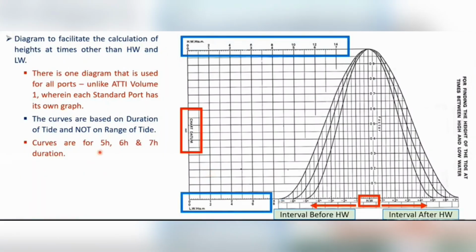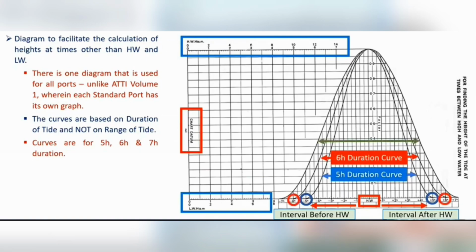There are three curves for 5 hours, 6 hours, and 7 hours. This curve, which is now being marked by the blue arrow out here, is the curve for 5 hours duration. This is the curve for 6 hour duration, the middle one, and the outermost is the curve for 7 hours duration.